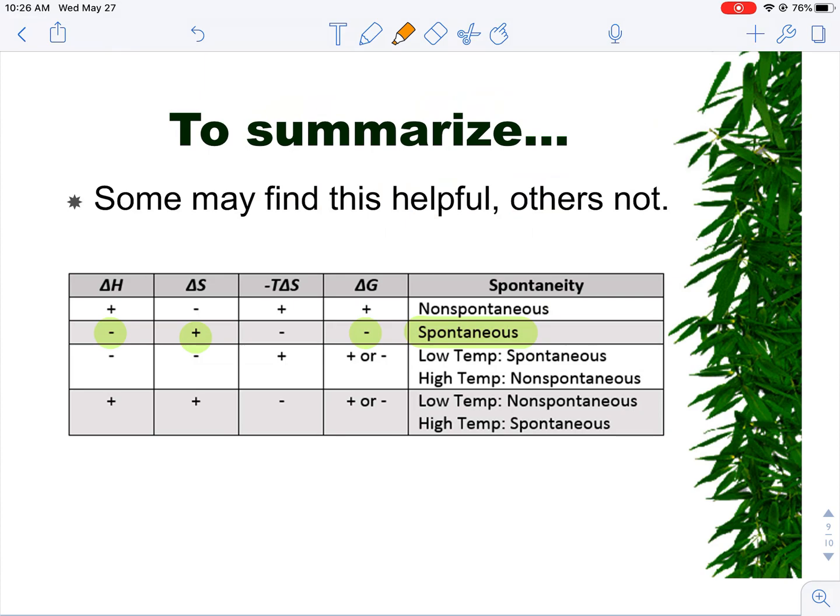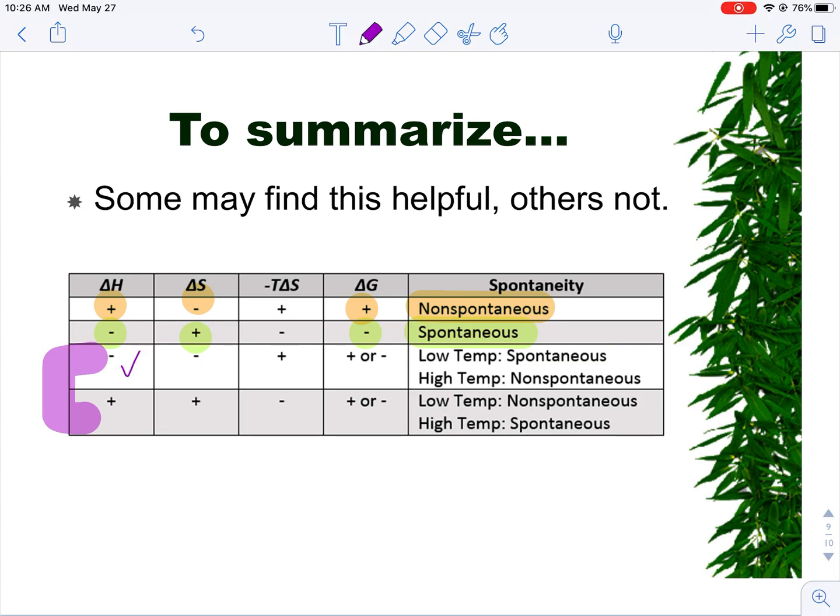Conversely, if your enthalpy is not favored, and your entropy is not favored, your Gibbs free energy will always be non-spontaneous.